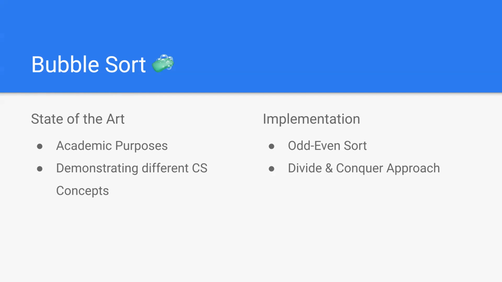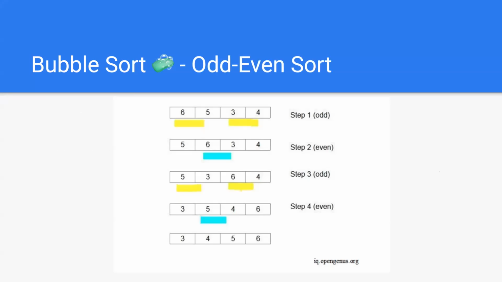So on to the odd even bubble sort parallel approach. This sorting algorithm focuses on having two different phases, an odd phase and an even phase. And each phase is going to focus on comparing elements that are adjacent to each other. So for example, step number one will be executed by thread number one, and step number two will be executed by thread number two.